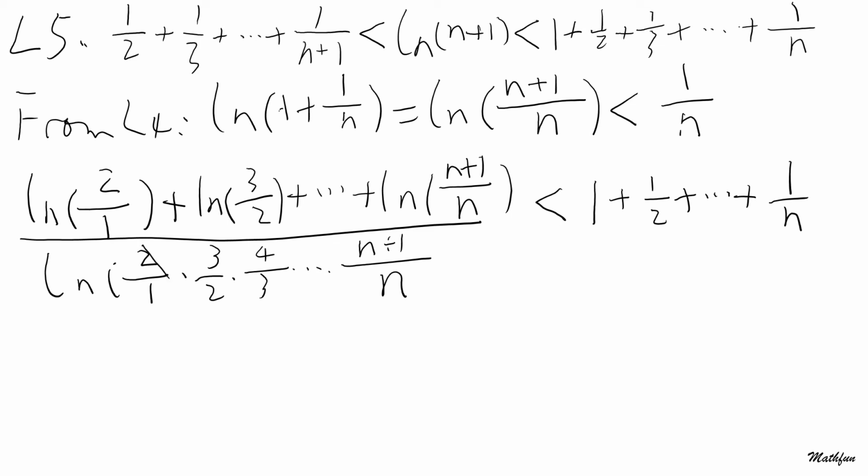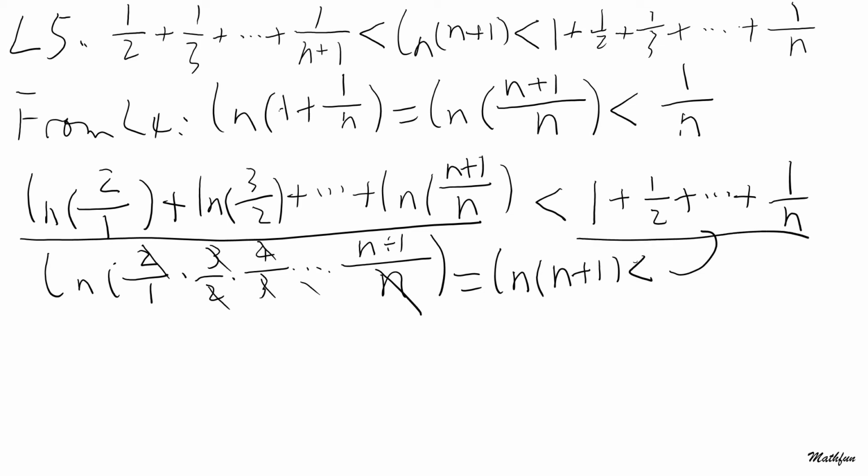And now you can cancel, cancel, cancel, and cancel that one. Smaller than the right hand side, which is that one. And that is our result: the natural log of n plus 1 smaller than this one, which I'm not going to write, and that is the right hand side that we need to prove for our lemma 5.